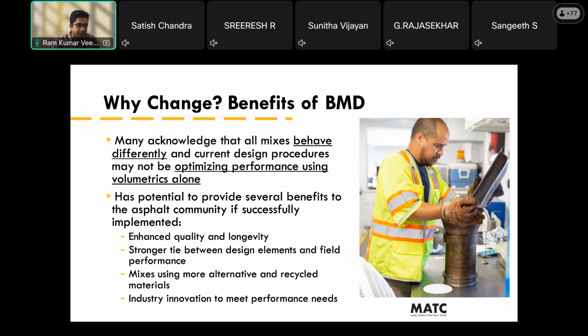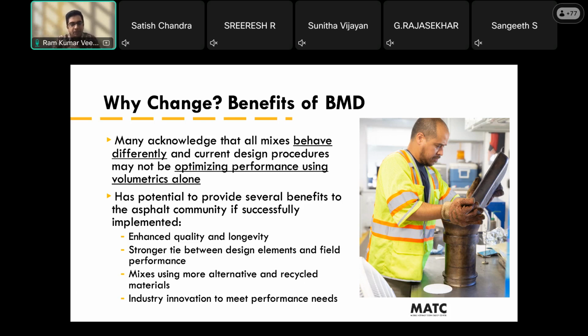First, balanced mix design can enhance the quality and longevity of pavements. By using performance tests, we can ensure that mixes are durable and fit for their specific applications under climatic conditions and traffic conditions.